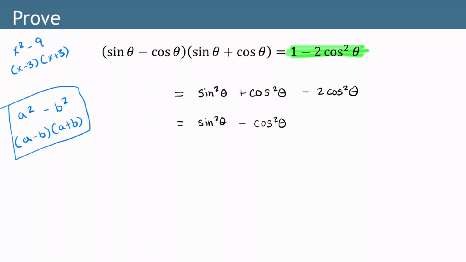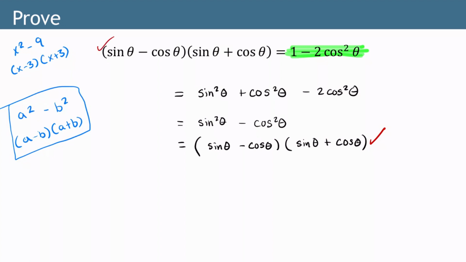And so same idea over here. Sine squared minus cosine squared, well, the a is like sine theta squared, the b is like cosine theta squared. So in other words, I can rewrite this as sine theta minus cosine theta times sine theta plus cosine theta. Oh, look at that.